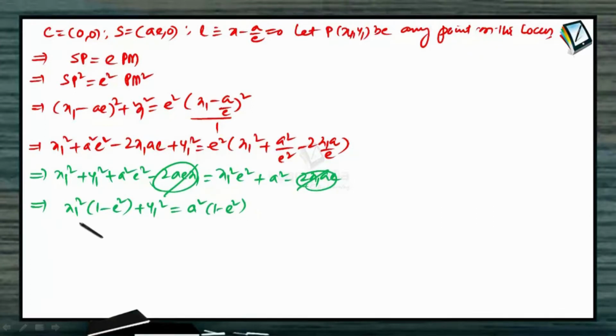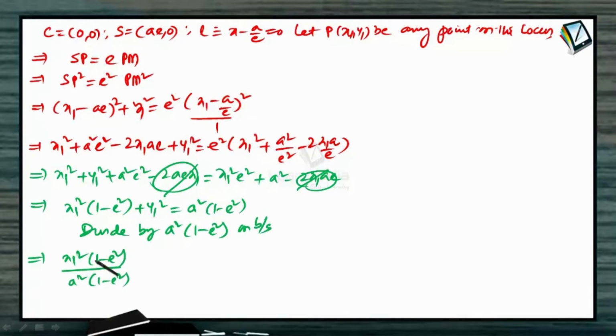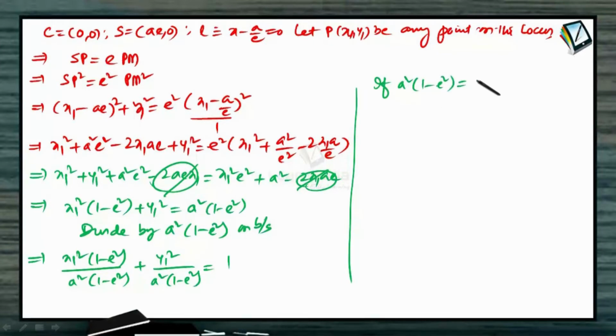So if I divide by A square into 1 minus E square on both sides, then this becomes x1 square into 1 minus E square by A square into 1 minus E square plus y1 square by A square into 1 minus E square is equal to 1. Now E is more than 1, therefore 1 minus E square is negative.